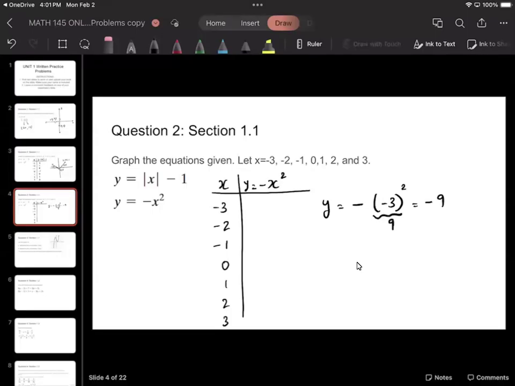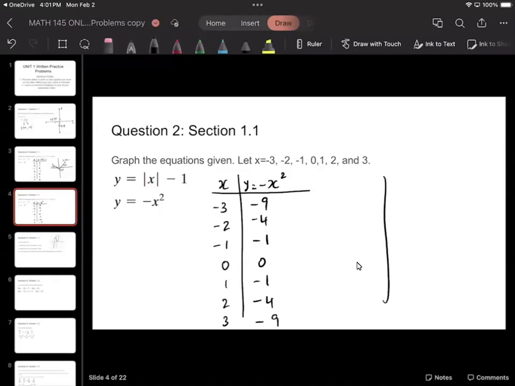Okay, so now that you have that, let's fill everything up. This is going to be -9, -4, -1, 0, -1, -4, -9. So when you plot this, (-3, -9) is here. (-2, -4) is here. (-1, -1) is here.